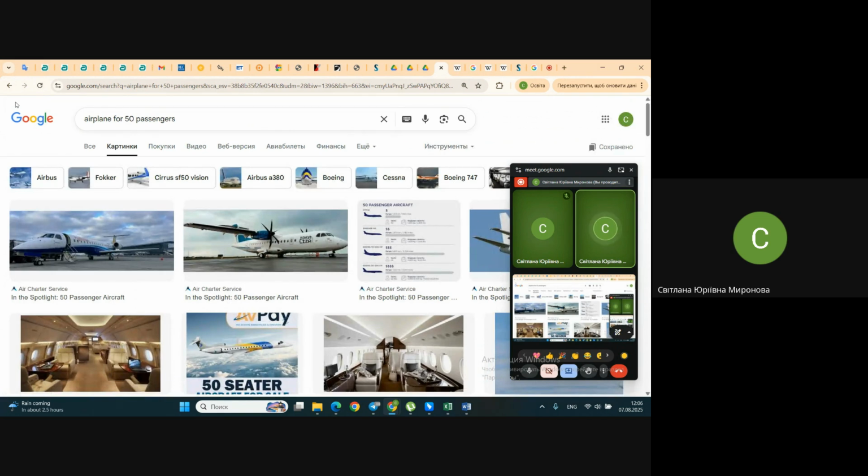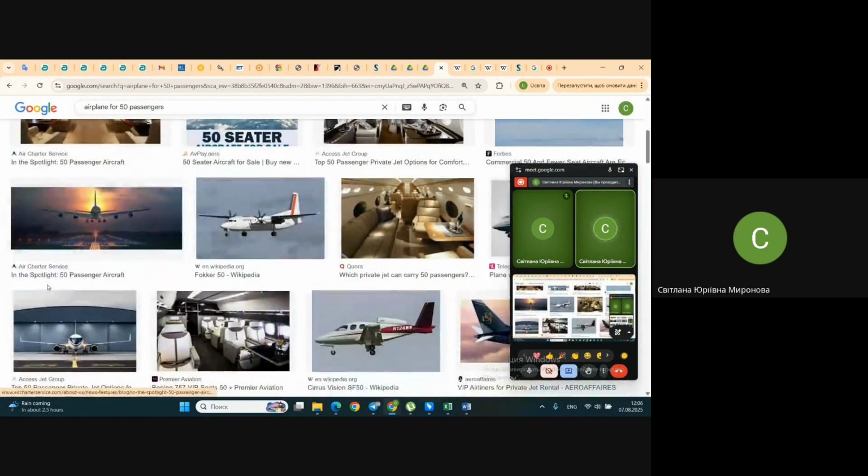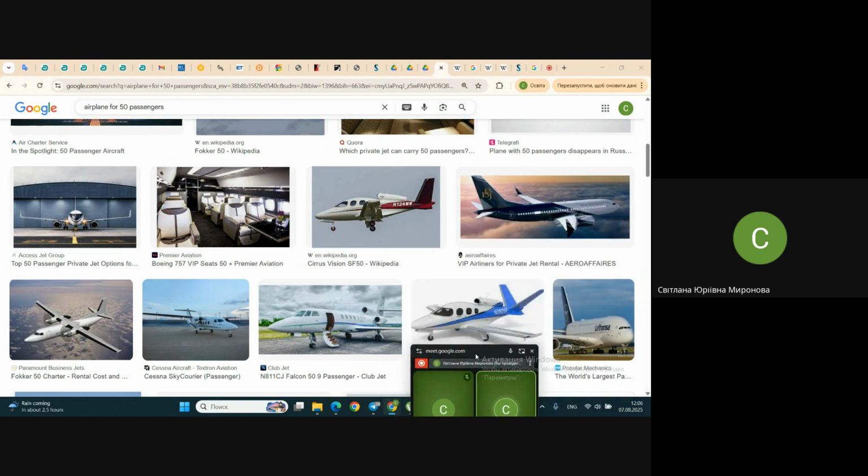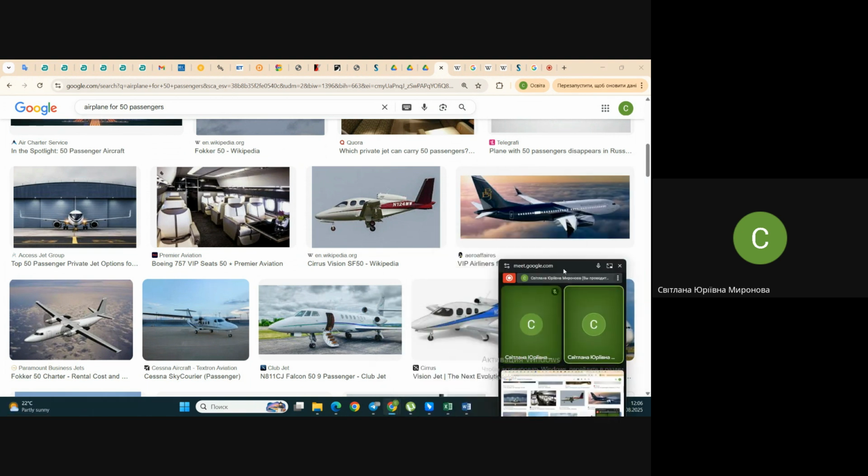And it starts showing me different photos, different aircraft, and proposes that I become more familiar with them by clicking from one to another. Of course, some of them are wrong, quite clear. For instance, this little creature, quite clear, it's not for 50 passengers, you might see.